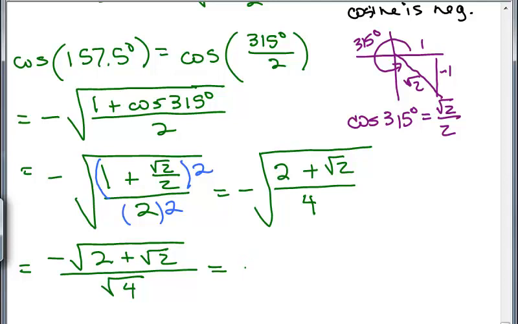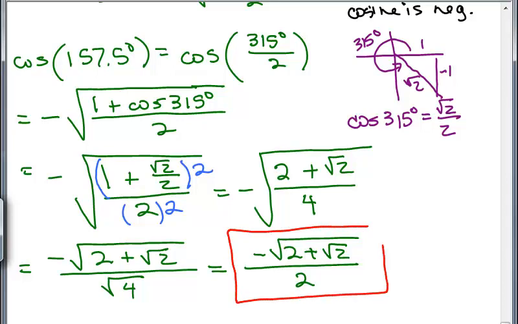You just have to live with that, and that gives me negative square root of (2 plus square root of 2). Now the denominator, square root of 4 is 2, and I don't have an irrational denominator, so at this point I have it as simplified as far as I can, and that is the cosine of 157.5 degrees.